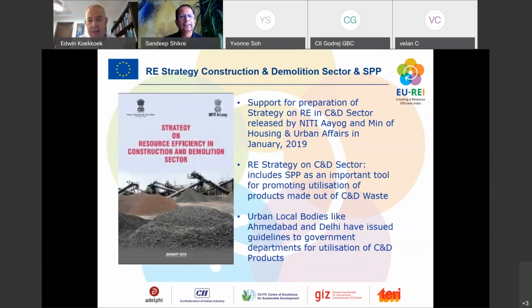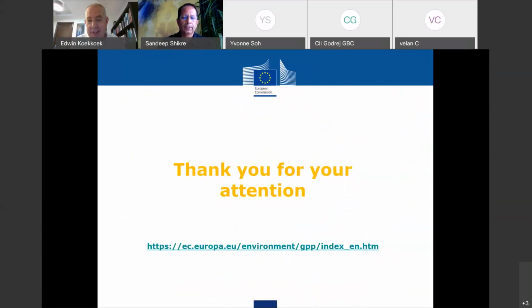And also this strategy includes sustainable public procurement as an important tool for promoting the use of products made out of construction and demolition waste. And urban local bodies from Ahmedabad and Delhi have issued guidelines to their government departments for the use of construction and demolition products.